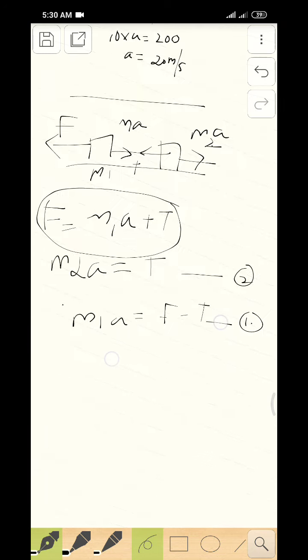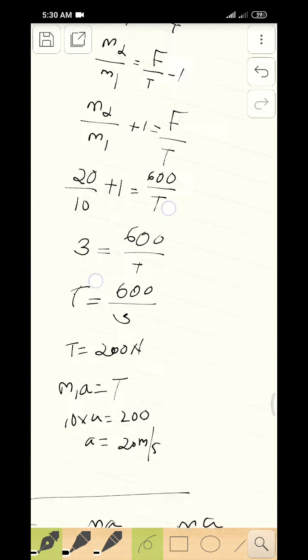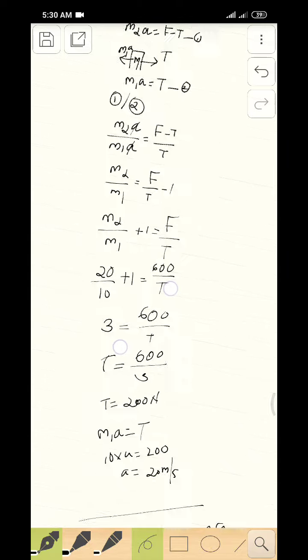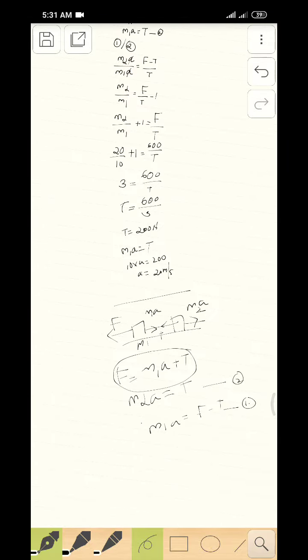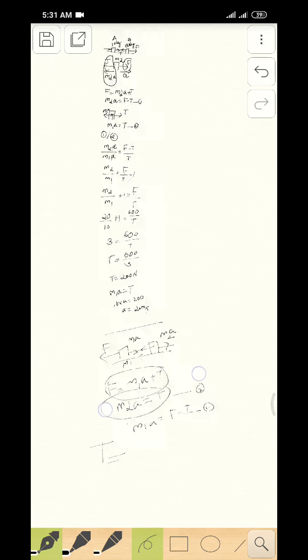Divide these equations and solve the same way as followed earlier. Then you will obtain the tension value, and you can find the acceleration by substituting the tension value in the equation m2a is equal to T.